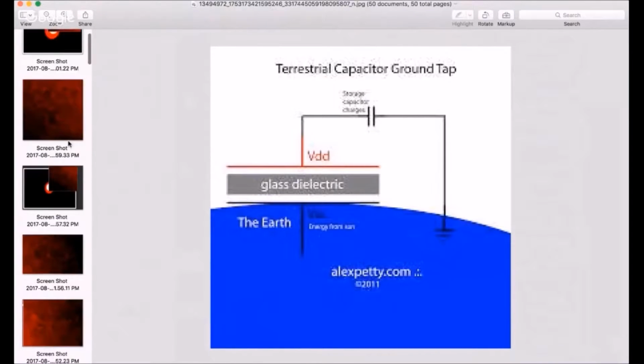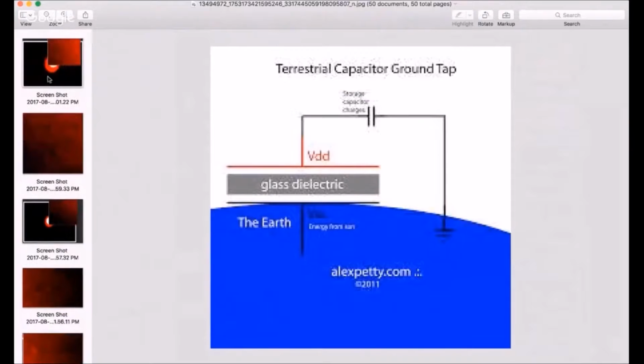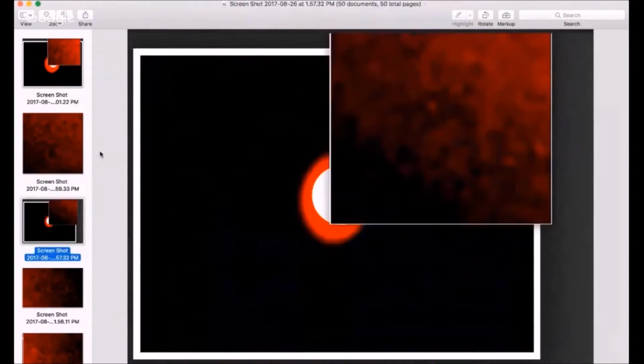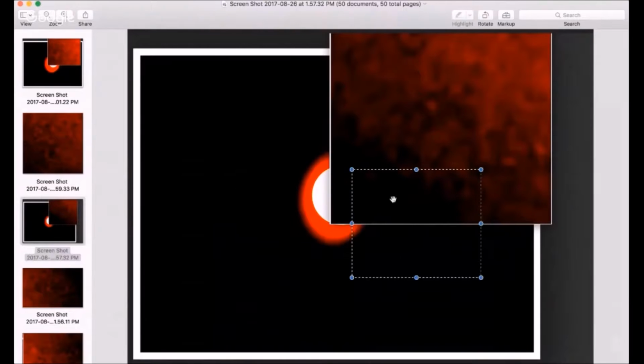Just to go back to the eclipse thing, I did a little bit of an analysis here on some eclipse photos. What I did with this one is pretty much the same phase that I showed you before, where it's a partial eclipse, and the object you can't see it, but the object would be in this zone here, and I'm zooming into just the edge of the object, right at the edge of wherever that arch is.